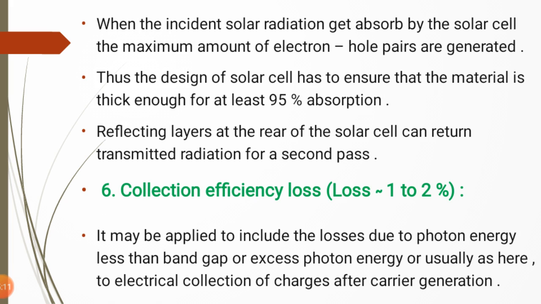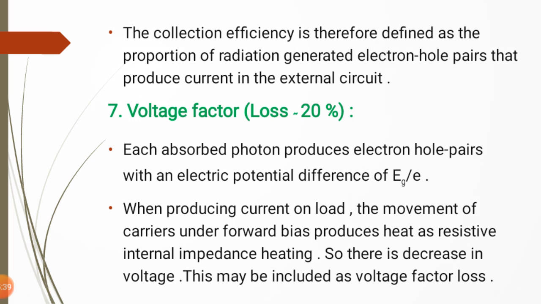But after that, the collection of the electron and hole, if this process does not take place in a proper way, that means the maximum number of electron hole pairs should be collected. If the collection efficiency is low, then obviously the solar efficiency is also low. So the collection efficiency is a very important parameter for the solar cell. For a good solar cell, the collection efficiency is good.